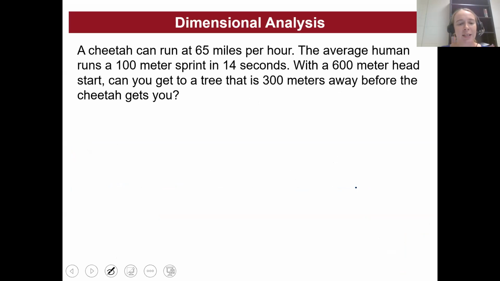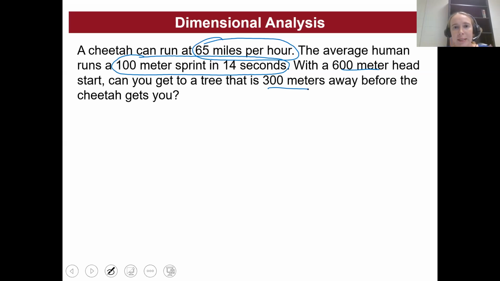All right, so let's get some room to write. Let's see all the numbers we've got. 65 miles per hour. And then the human is a 100-meter sprint in 14 seconds. And then we've got some other distances here.